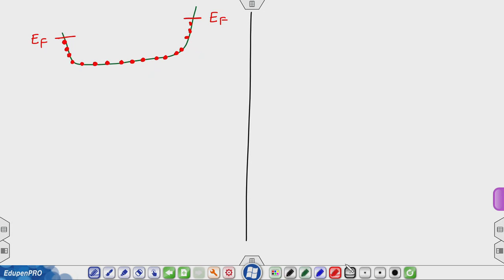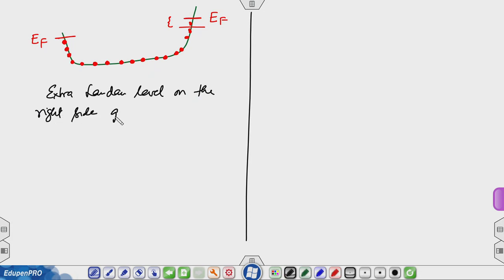So, there is one state right here which is in the gap. So, I have an extra electron which is moving in y direction, and that gives Jy. So, this extra Landau level on the right side gives a current which is unbalanced.